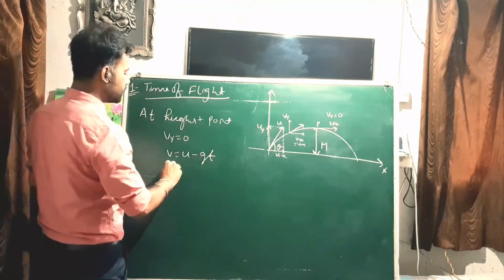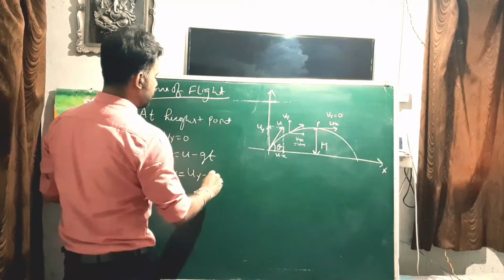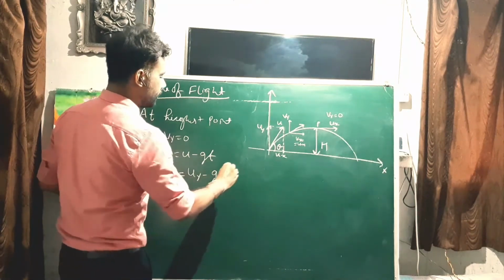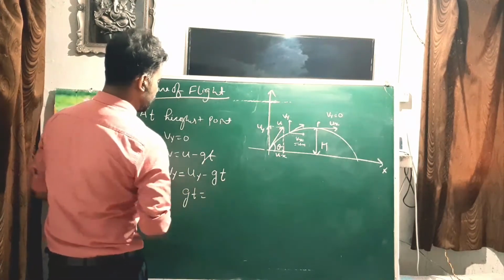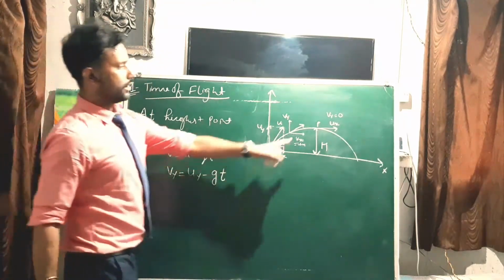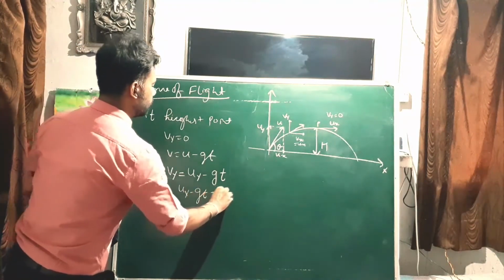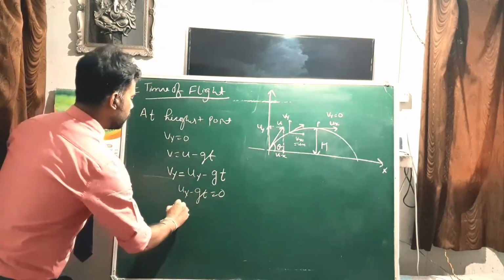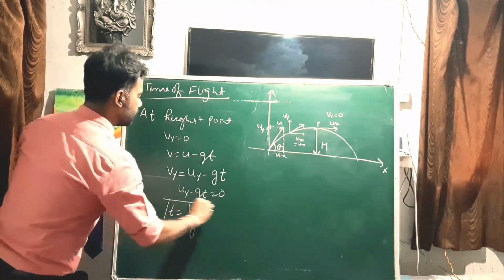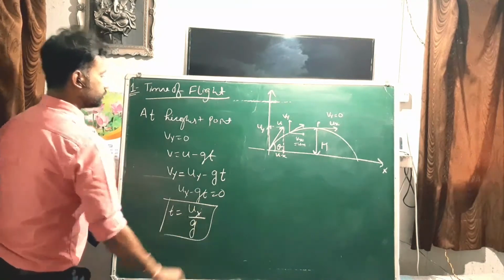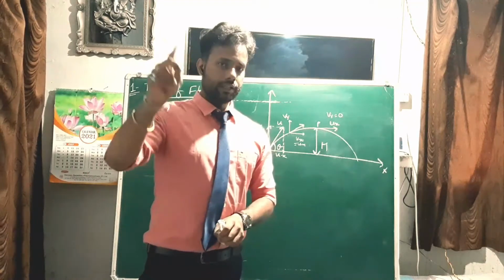So we can take it as Vy equals Uy minus GT. What is the value of Vy here? It is 0. So Uy minus GT equals 0, or t equals Uy upon g. This is the time taken by the projectile to reach the highest point.